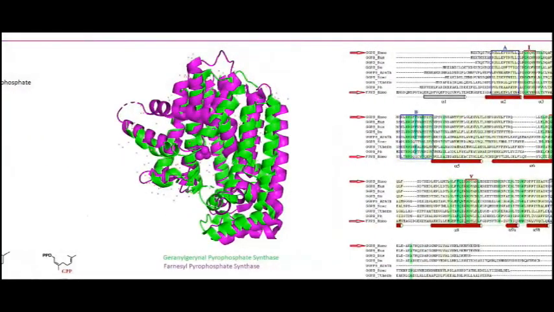So I have those aligned over top of each other. And so we can see that there are a lot of structural similarities. The farnesyl pyrophosphate has maybe this alpha helix here that's different. They're a little bit displaced from each other, but you can see there is a lot of structural similarity.